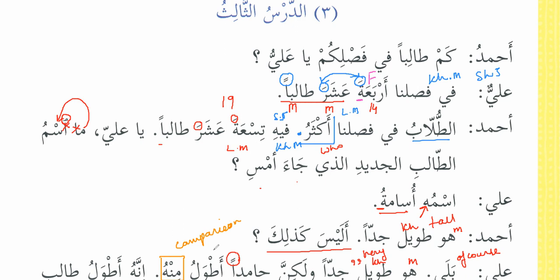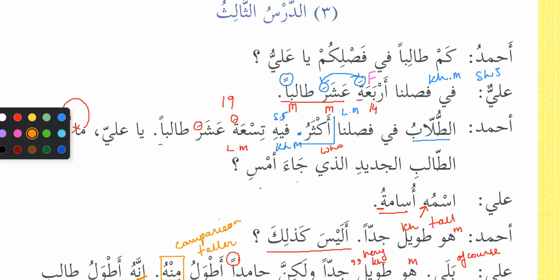Why? Because you can find the harf jar min with it. Innahu. Now you can see the inna is coming. Now he wants to emphasize his statement with inna. Innahu. What is the structure here? The structure is coming as a mudaf and mudaf ilayhi. Atwalu talibin idafa.